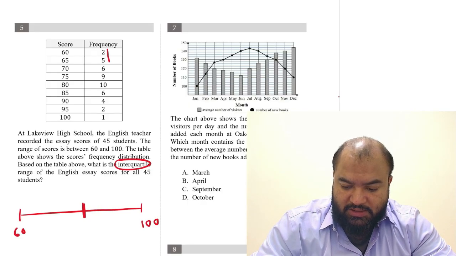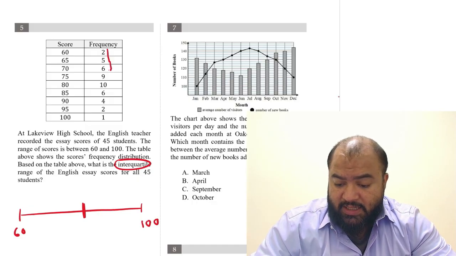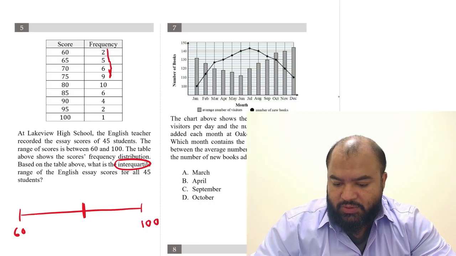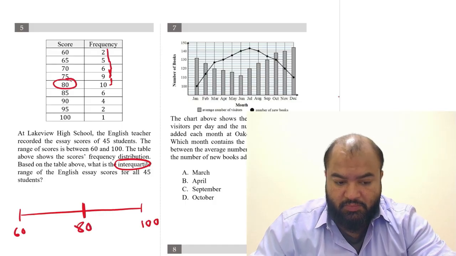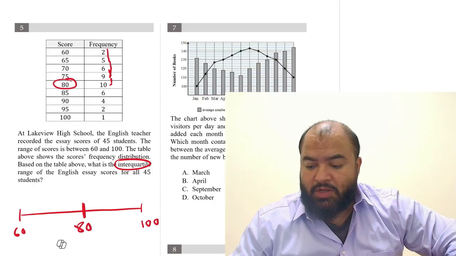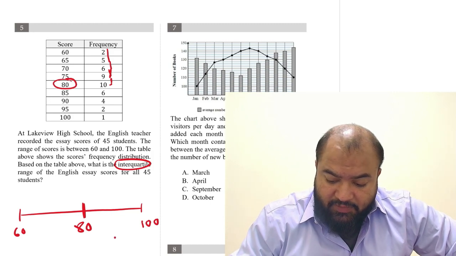So 2 plus 5 is 7, 7 plus 6 is 13, plus 9 is 22, right? So the 23rd one will be in the next group. So the median is 80. Now, that's the second quartile.